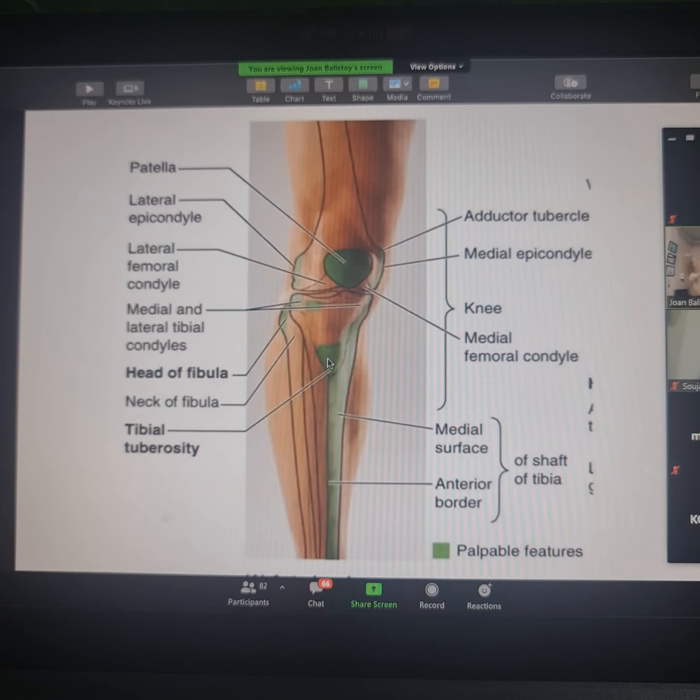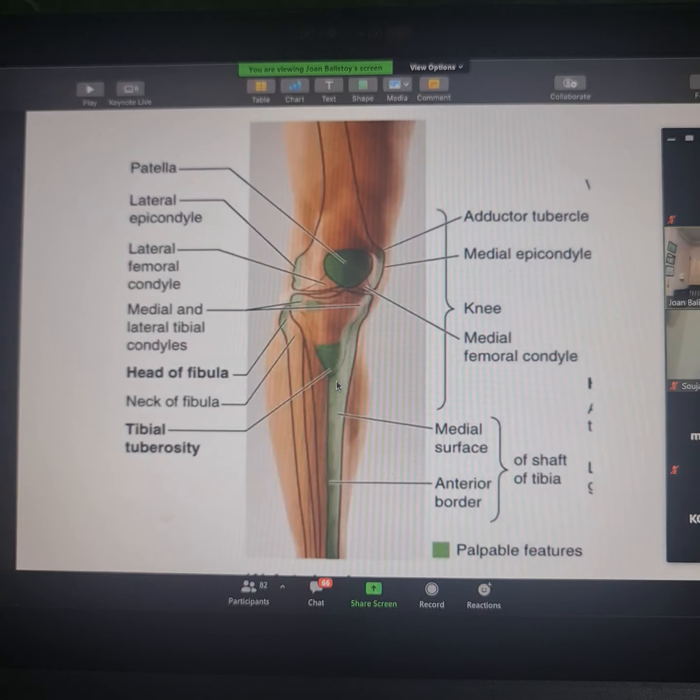So when you face the mirror later, try to see if you can appreciate these structures that we are identifying right now. Then on your lateral side, you can actually feel your tibia, the medial surface and the anterior border of your tibia. You can actually palpate it.